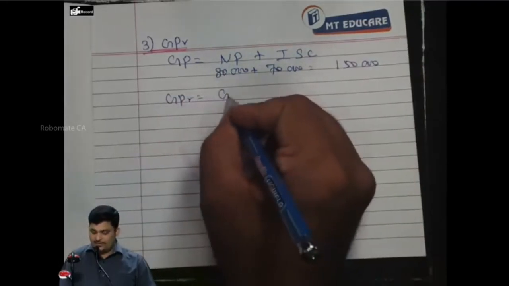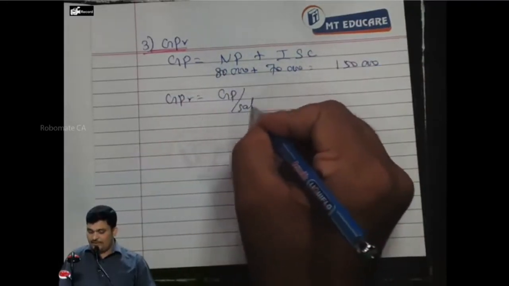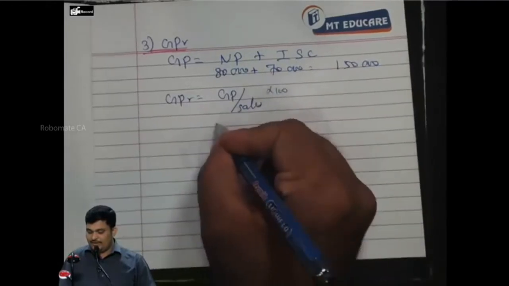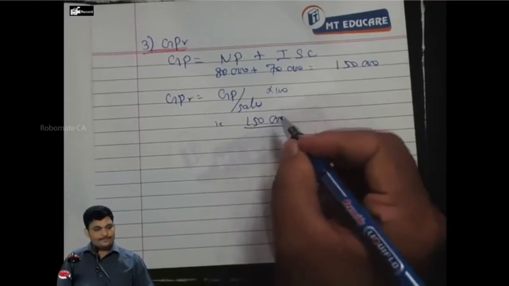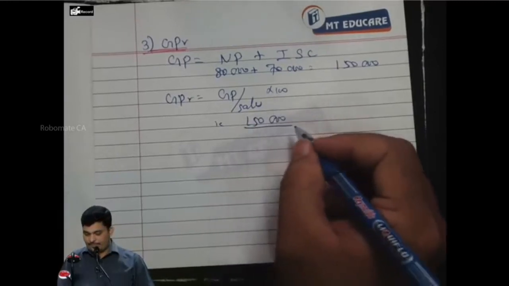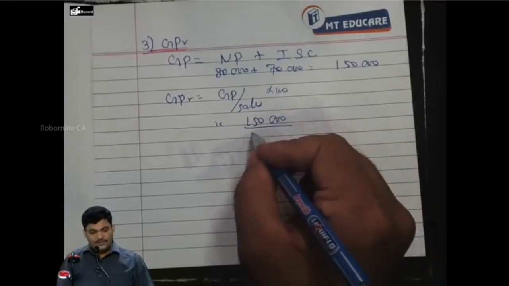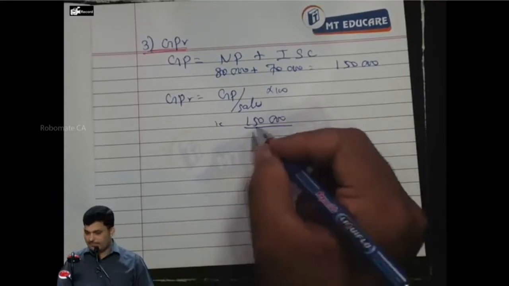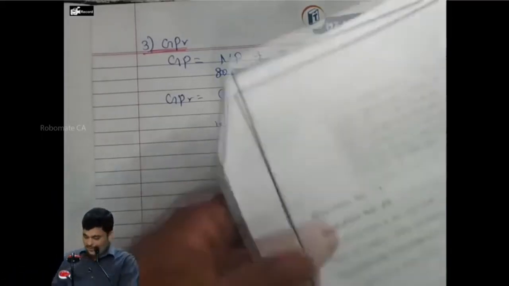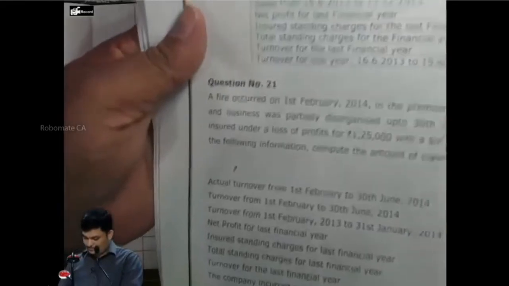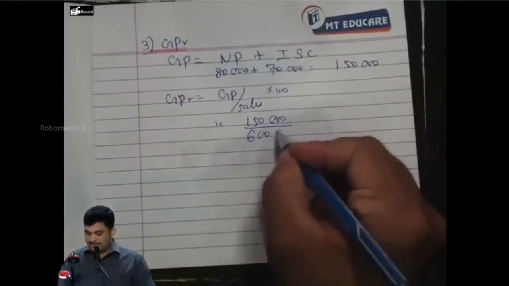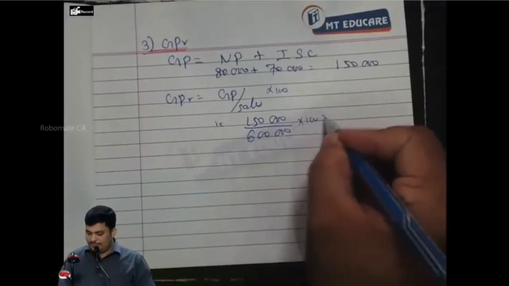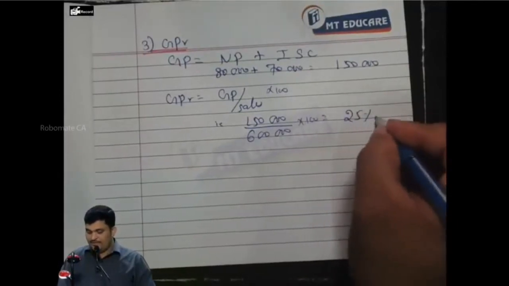Gross profit ratio equals gross profit by sales into 100. That is 1,50,000 by how much? 6 lakhs into 100, 25%.